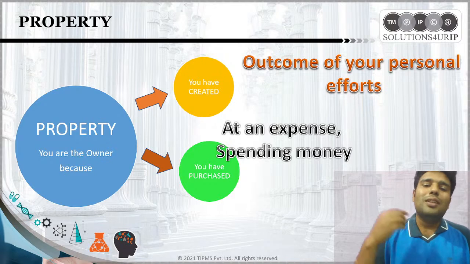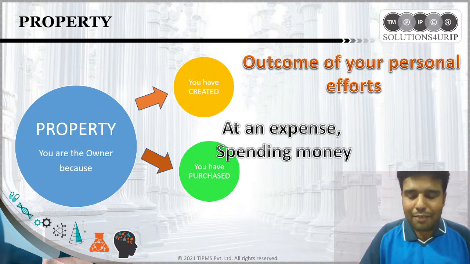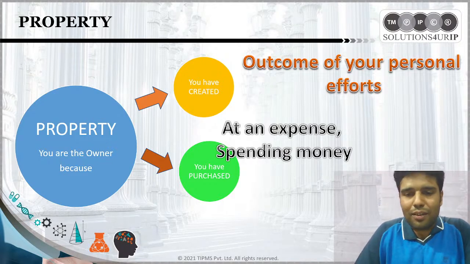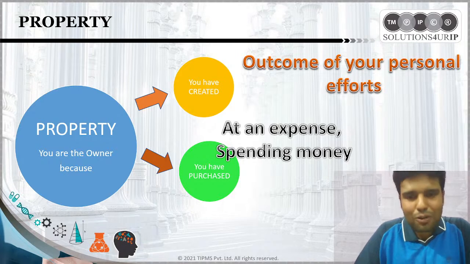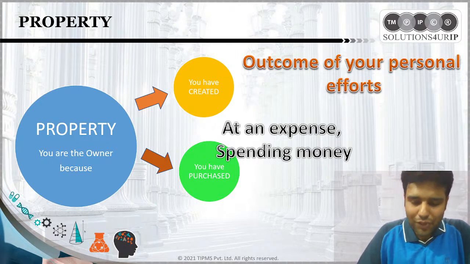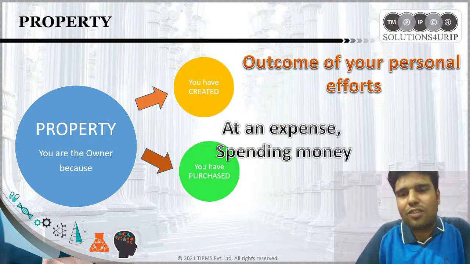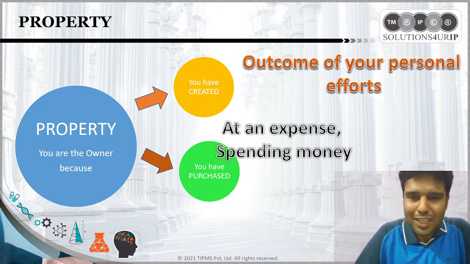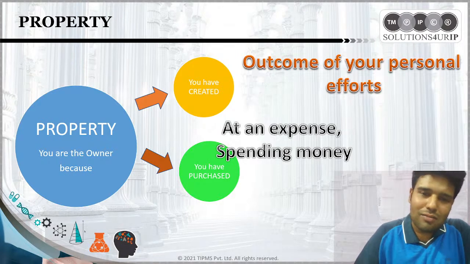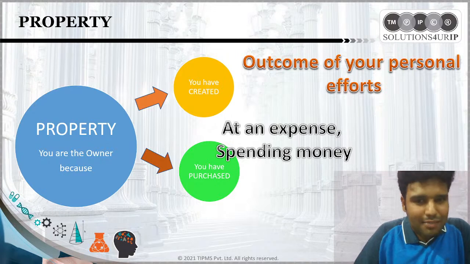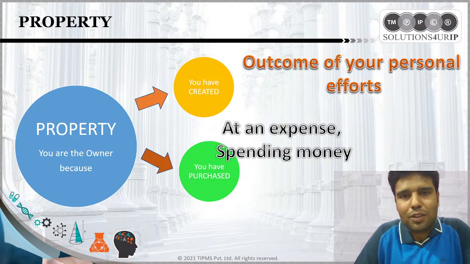So what I want to say here, property is property only when it is first created or it is purchased. So when it is created, you spend your effort and skills, or when you buy something to establish your ownership on the property, you spend your money.